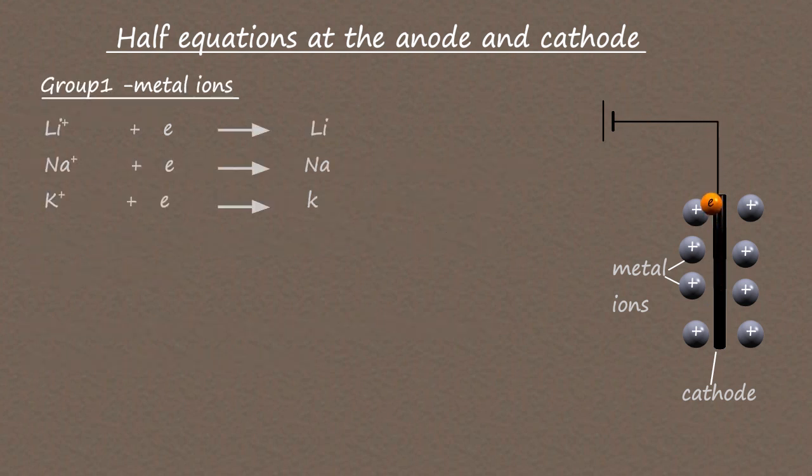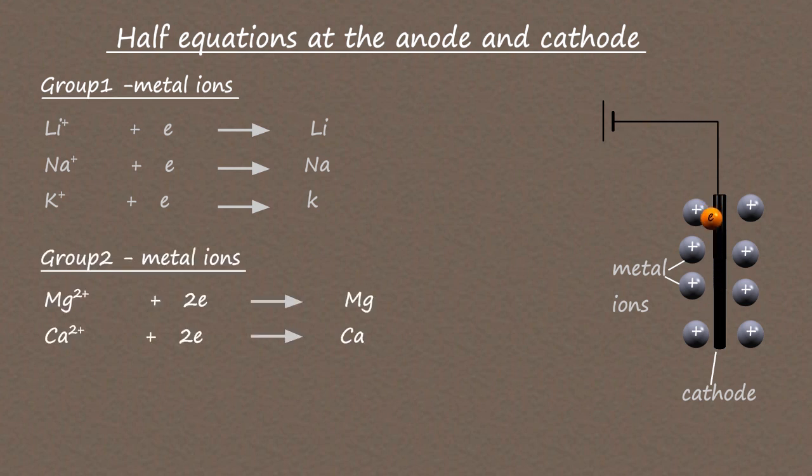Now, metals from group 1 of the periodic table, such as lithium, sodium and potassium, will have a +1 charge and will gain 1 electron, while group 2 metals, such as magnesium and calcium, will have a 2+ charge, and these metal ions will pick up 2 electrons from the cathode, while a group 3 metal, such as aluminium, will have a 3+ charge and it will gain 3 electrons at the cathode.